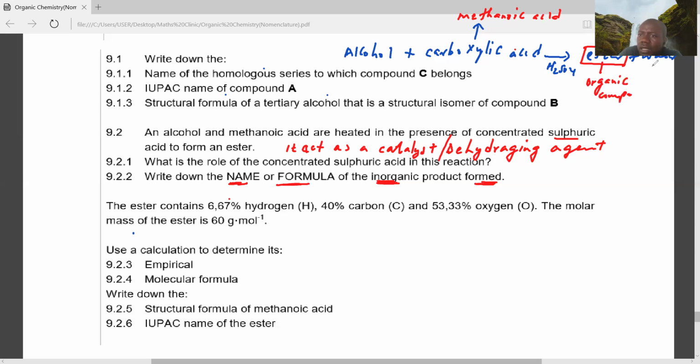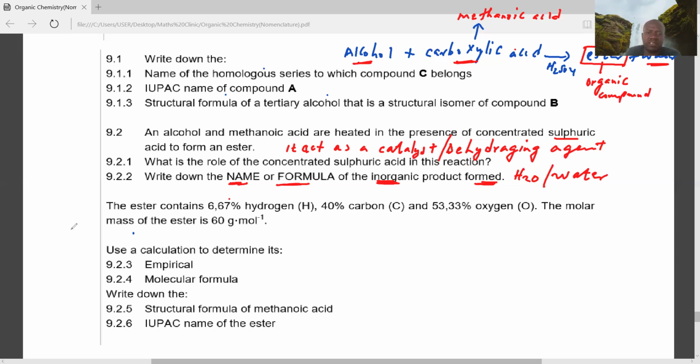So what will be the inorganic? When you combine an alcohol with a carboxylic acid in esterification, it forms ester plus water. So the water is the inorganic product: water, H2O, since they say a name or a formula. I believe you guys are following.